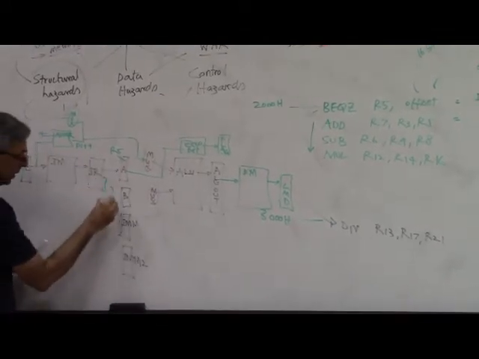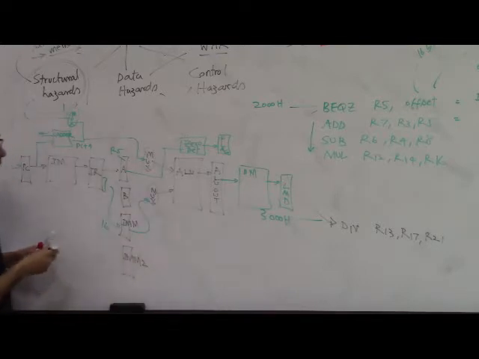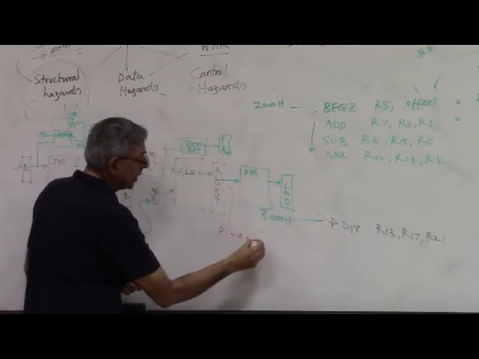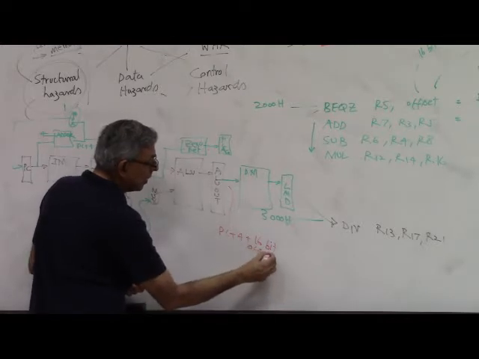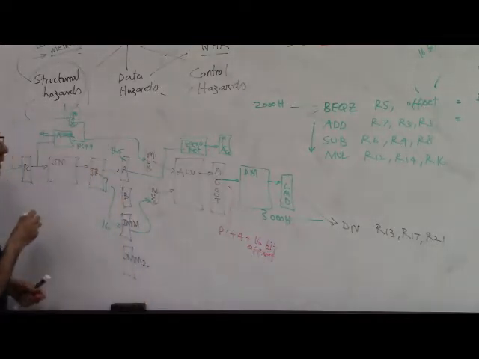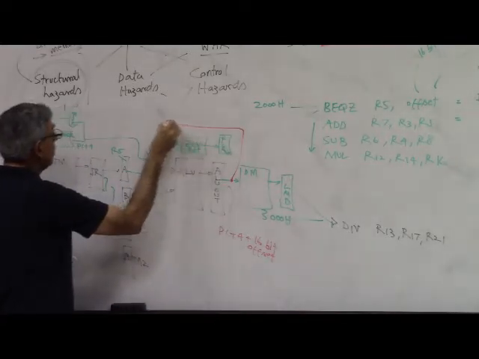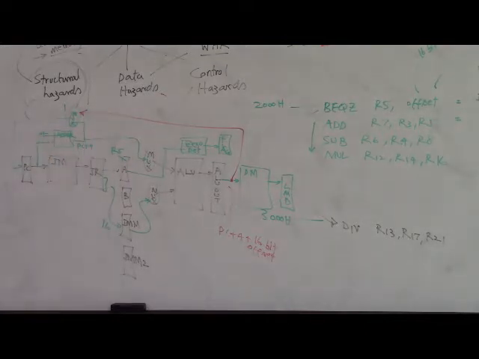So from here, the 16-bit offset will come over here, and this one will go over here. So in this example, this one will produce PC plus 4 plus 16-bit offset. If the branch is going to be taken, then this path over here will go back and update the PC. So that was the idea, right?